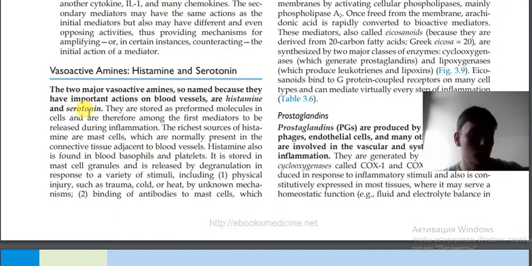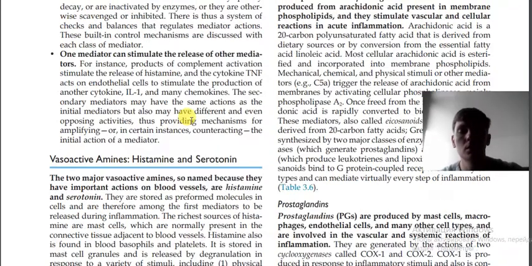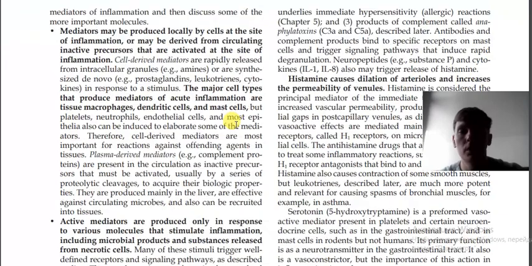It is stored in mast cell granules and is released by degranulation in response to a variety of stimuli, including physical injury such as trauma, cold or heat by unknown mechanisms, binding of antibodies to mast cells, which underlies immediate hypersensitivity or allergic reactions, and products of complement called anaphylatoxins, described later.